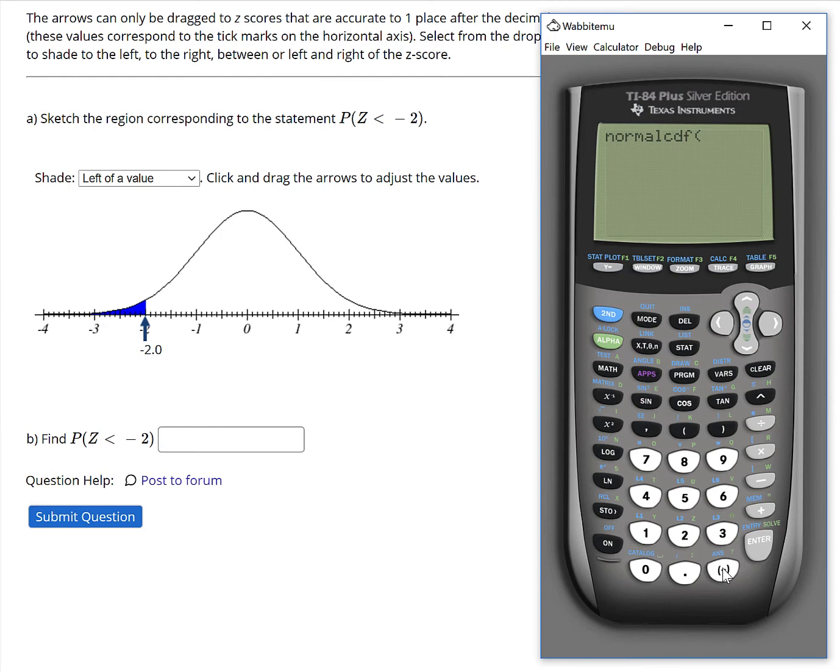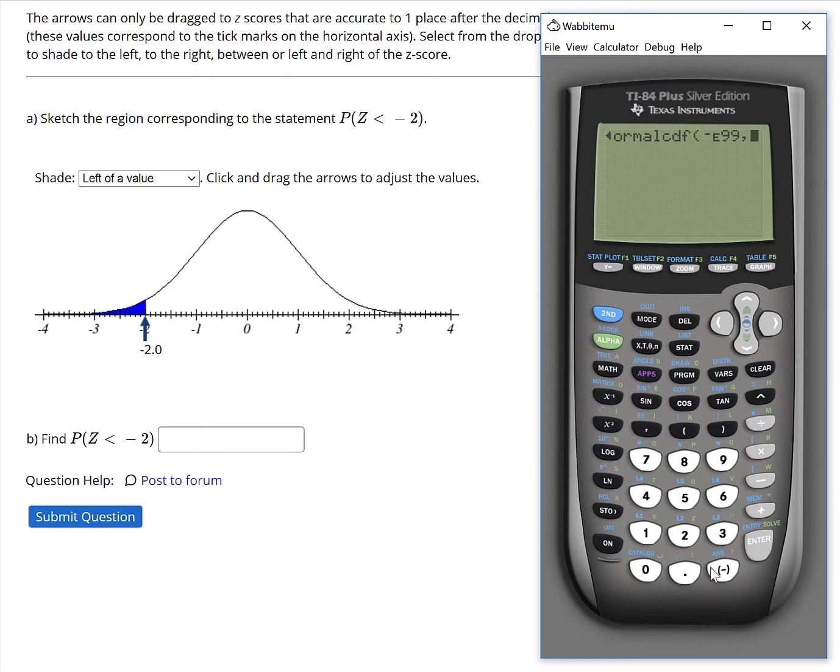So there's a lot of ways you can represent -infinity here. I'll use negative, then this E button here, 99, which means -1 times 10 to the 99th power, which is really small. You can use anything that's at least 10 standard deviations from your mean, however.